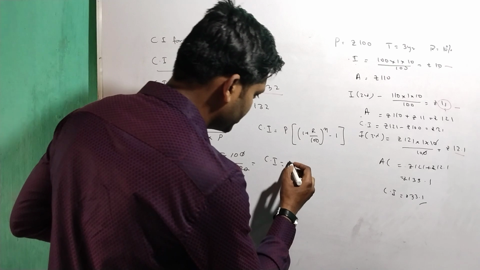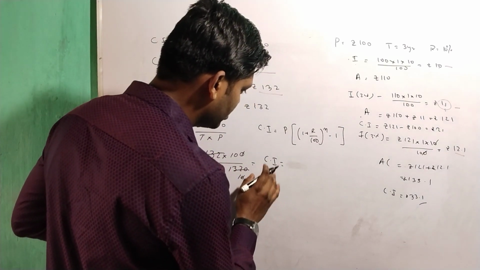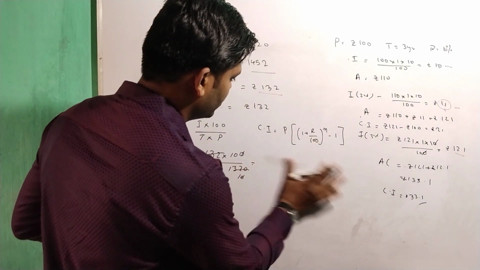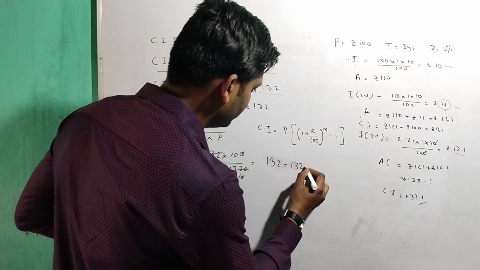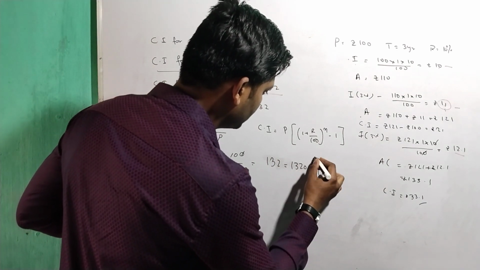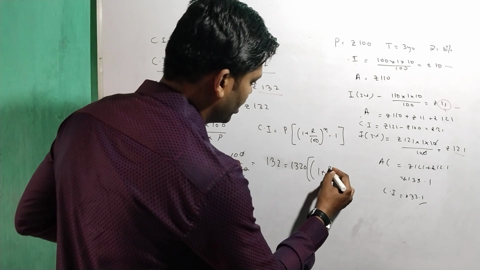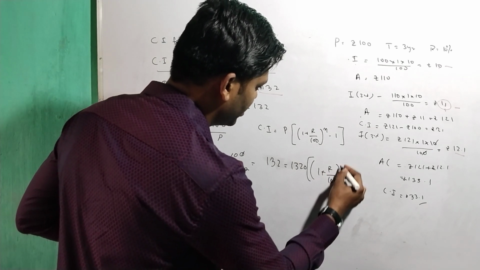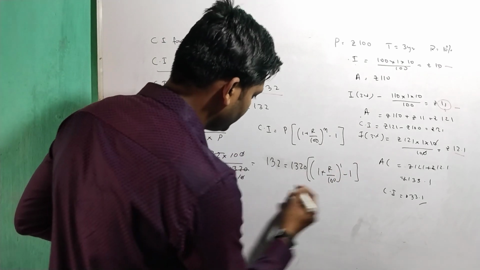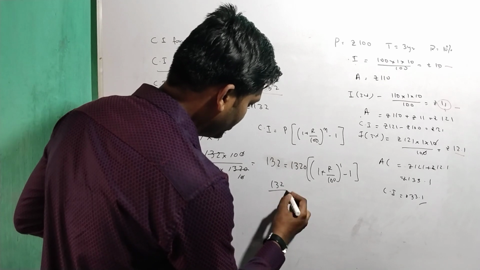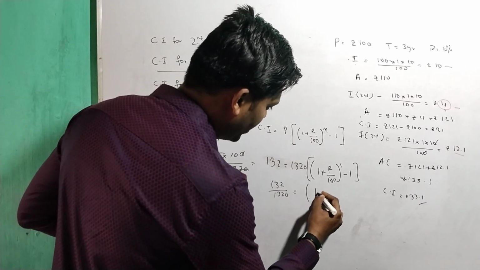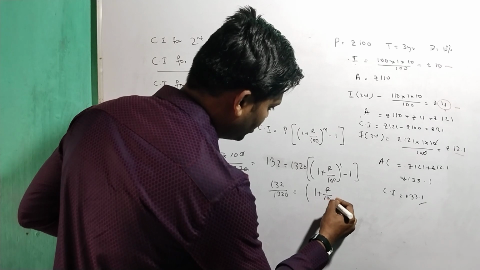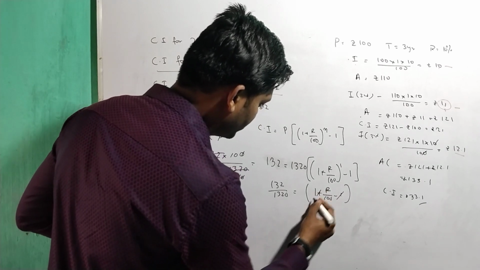For this case we have the principal. Compound interest is also there. Compound interest is 132, principal is 1320. 1 plus r by 100, n value is 1 year, minus 1. So 132 by 1320 is equal to 1 plus r by 100, minus 1. So minus 1 plus 1 cancelled.